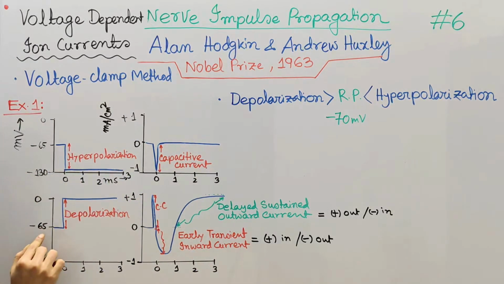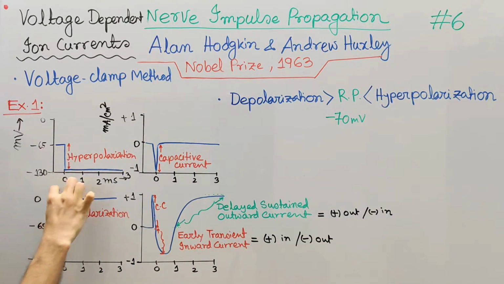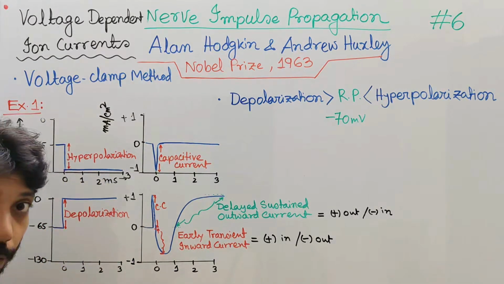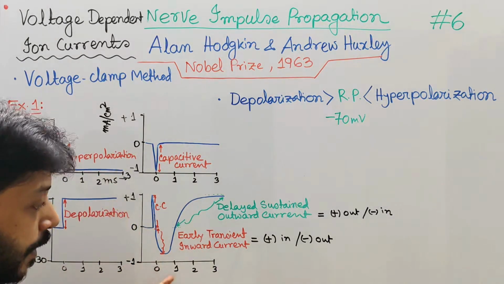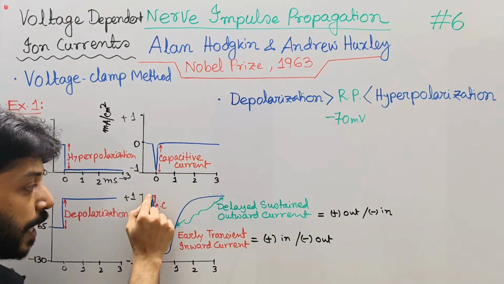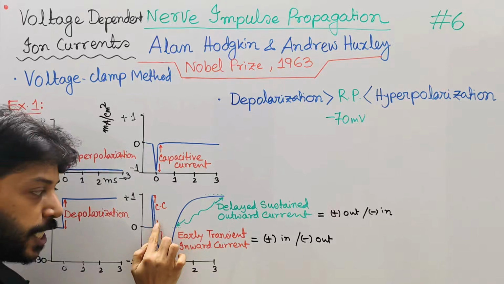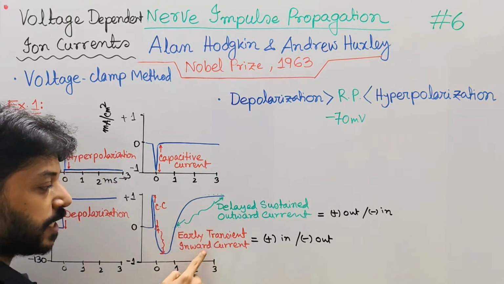When they applied depolarization membrane potential, that means they fixed the membrane potential of the neuron at 0 millivolt, that is higher than the minus 65 millivolt, then they observed the neuron response at first by generating a capacitive current that is outward in nature. It is also brief, but followed by an early transient inward current.